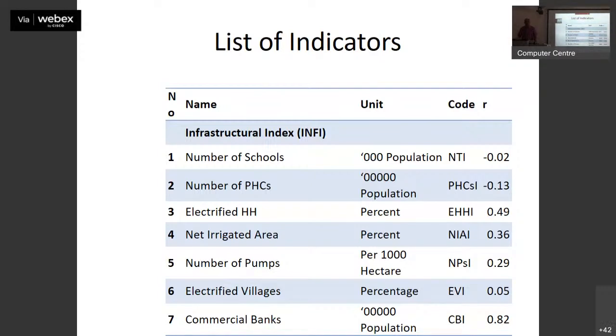Agriculture electricity, net irrigated area reflects availability of irrigation facilities, number of pumps reflects the availability of pump sets in agriculture, electrified villages, commercial banks, all these can be treated as infrastructure. There may be many variables, but because of the availability of data, we have restricted ourselves to these variables.